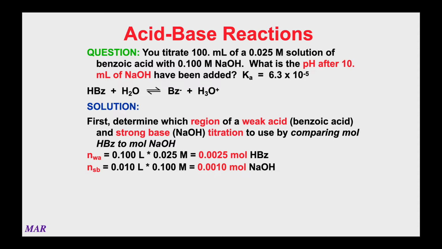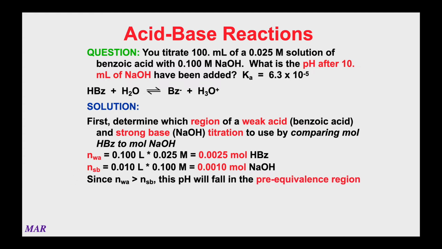For the benzoic acid, it's 0.100 liters times 0.025, so we have a total of 0.0025 moles of weak acid. Moles of strong base, same idea: 10 milliliters, 0.01 liters times the molarity, gives 0.0010 moles sodium hydroxide. So you can definitely see that the moles of strong base are less than the moles of weak acid. This is a pre-equivalence region.